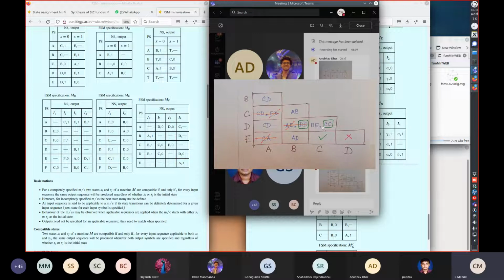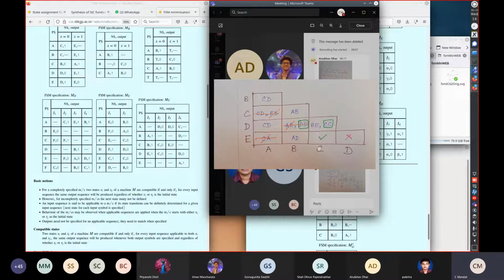And BE depends on AD, okay. And CD depends on BE and CC, okay.